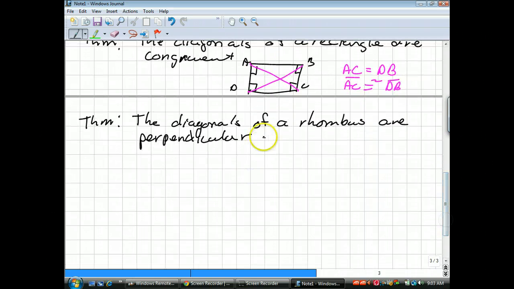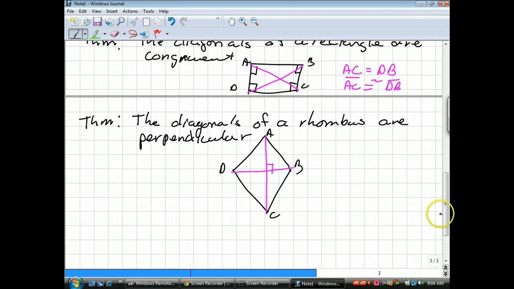So it says if I have rhombus ABCD, and I have diagonals AC and BD, then I know that that is a right angle.